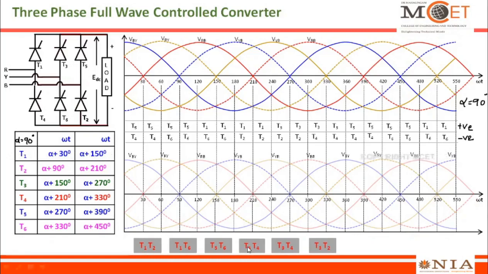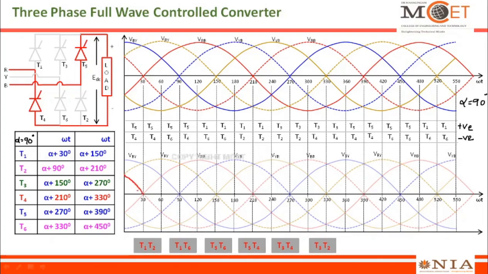When T5 and T4 are conducting, you can see that VB is at the positive of the load and VR is at the negative of the load. So VBR voltage will be appearing across the load. VBR voltage is this red dotted line. This is the voltage which will be appearing across the load for the first 60 degrees.